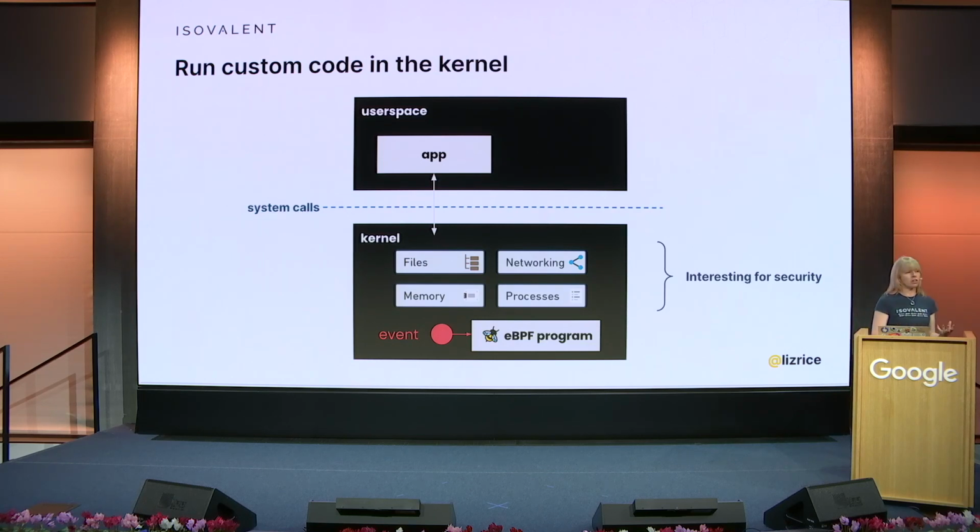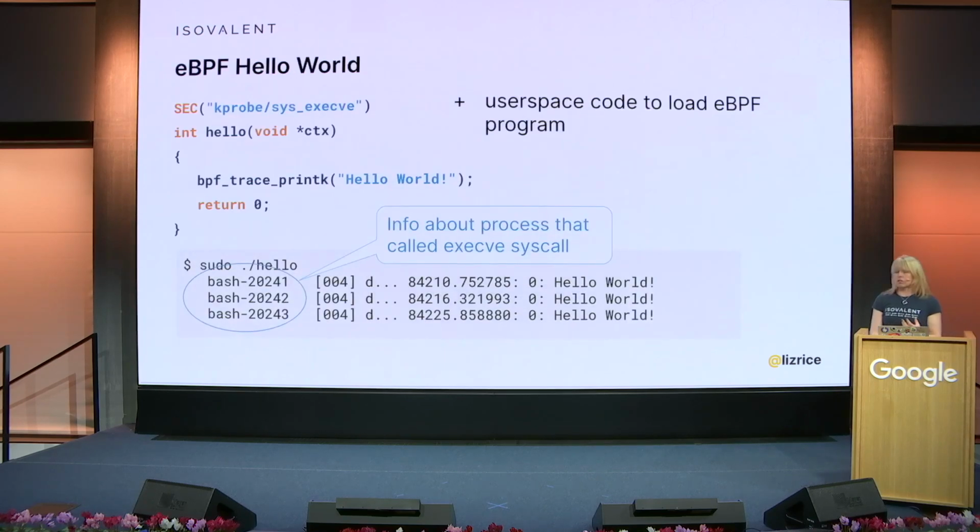We might want to look at those events and see whether or not they are legitimate or potentially malicious. But before we get into talking about how we're using eBPF specifically for security, let's just rewind and think about some of the basics.